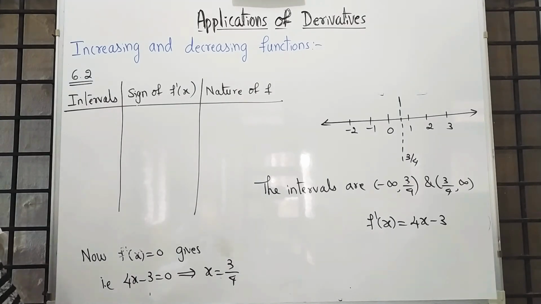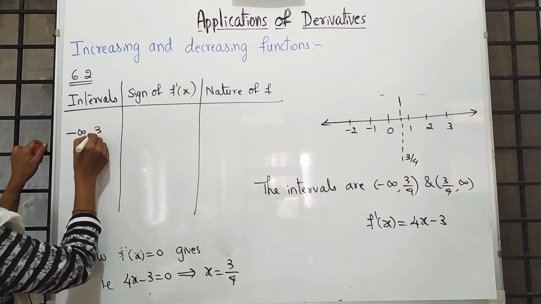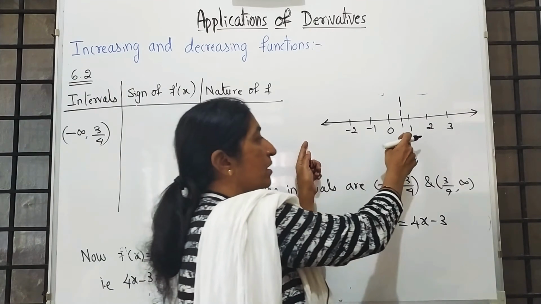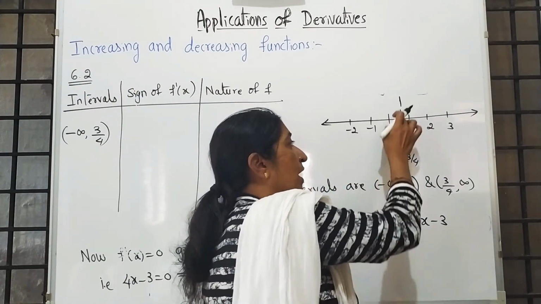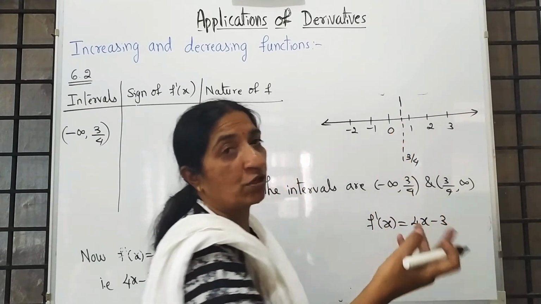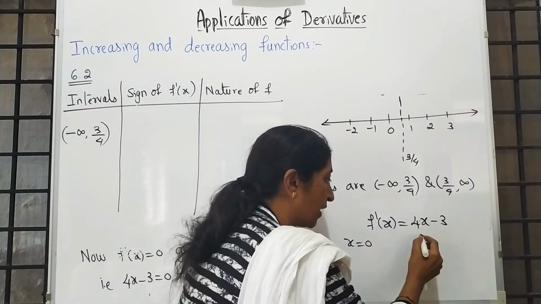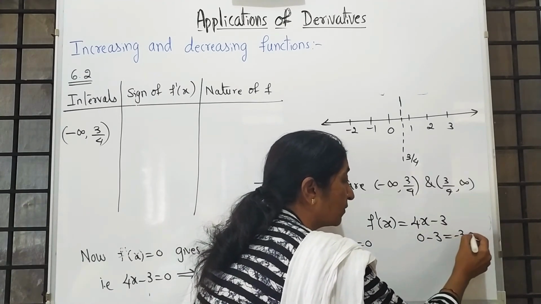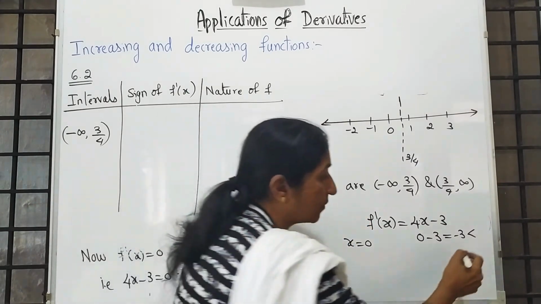First interval is minus infinity to 3 by 4. In between minus infinity and 3 by 4, select any number, whatever is convenient for you. I will take 0 because it helps our calculations. If you put x equal to 0, 0 minus 3 is minus 3. Is it negative or what? Yes, negative means it is less than 0.